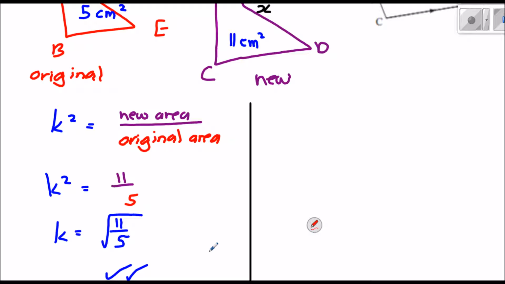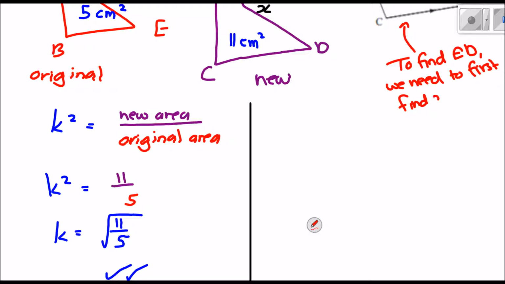And just a little note here, you might also say, to find ED, we need to first find x, and then subtract 3. Just so when you look back, you see what you planned to do.